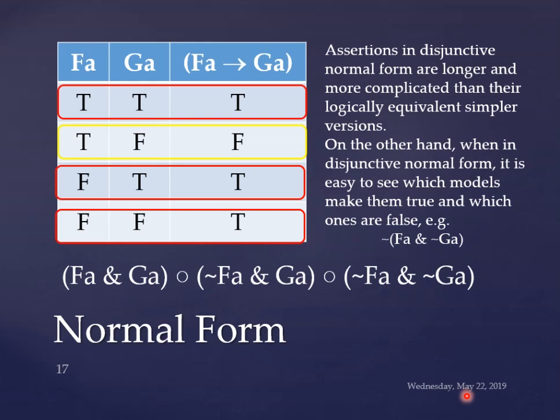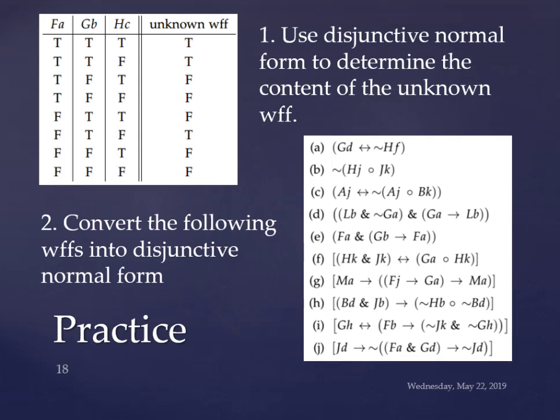So today is a shorter lecture, all right, because normal form is simple in how it works, right? So what I want you to do is just work on these practice problems, right? And I want you to try to convert these things into disjunctive normal form, using your truth table skills.